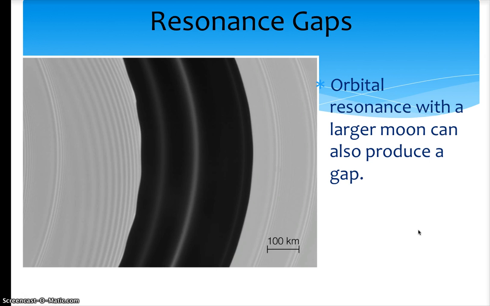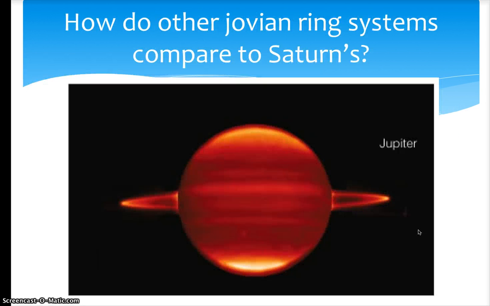If their orbital periods are related in a very simple way, those ring particles will pass the moon in a very periodical, predictable way. And every time they do, the moon pulls on them with its gravity, and gradually those particles get pulled out of that orbit, and you end up with a gap. So it's another interesting example of gravity. Like I said, there's lots of stuff going on in these ring systems.